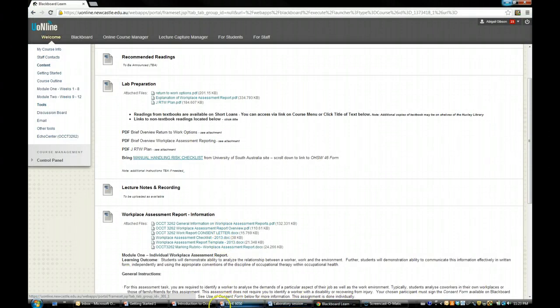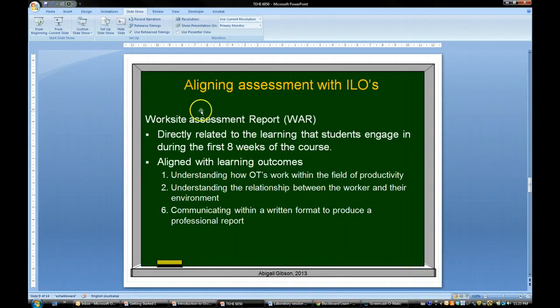Now, going back to here, that's how I've tried to align the assessment with the learning outcomes of the course: being practical, the students being able to access resources that relate to them conducting assessments of their own accord, as well as building on their skills over successive weeks, so that they learn how to conduct an assessment of the workplace, an assessment of the person, and how they implement an intervention strategy where they look at the risks associated with particular work sites and what they need to look at in terms of recommendations.